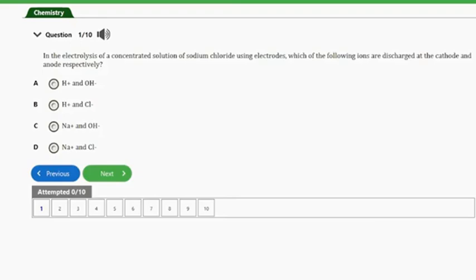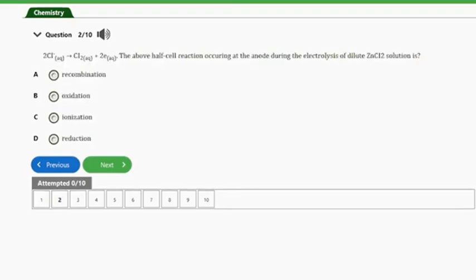So that's it about that question. We'll have hydrogen ion and chloride ion. These are the ions that will discharge during the electrolysis of a concentrated solution of sodium chloride. So let's consider the next question.